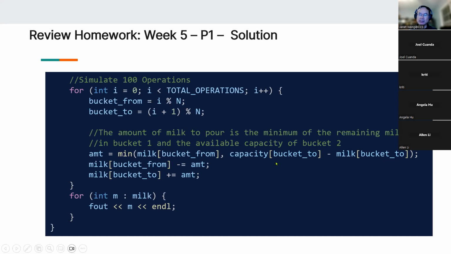That's the remaining capacity you can pour. Just take the minimum of the 2, and that's the amount you can pour. Then you update the milk amount on the bucket you pour from, and update the bucket that you pour to. Do this 100 times, then output this milk vector.